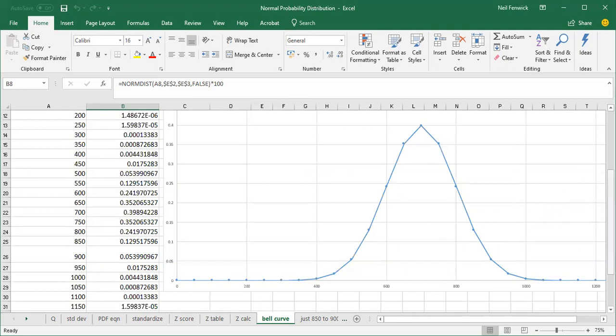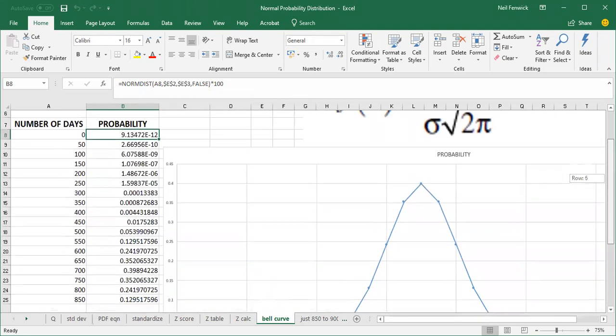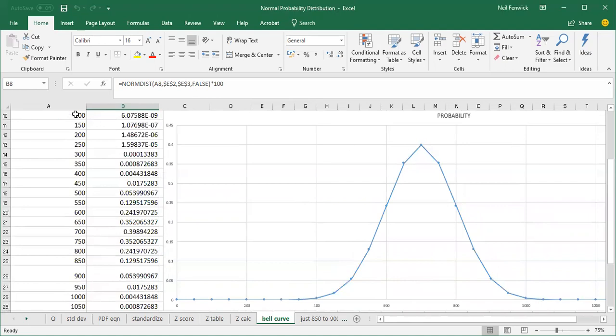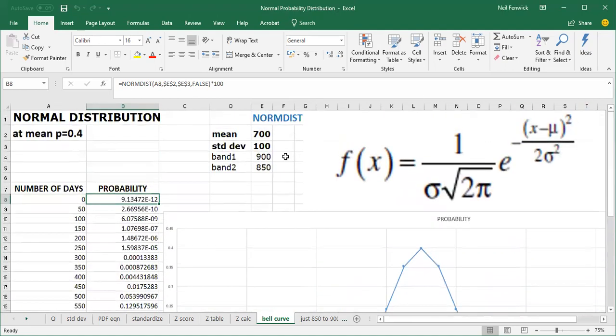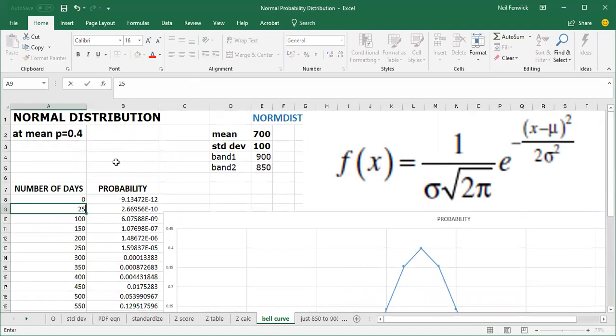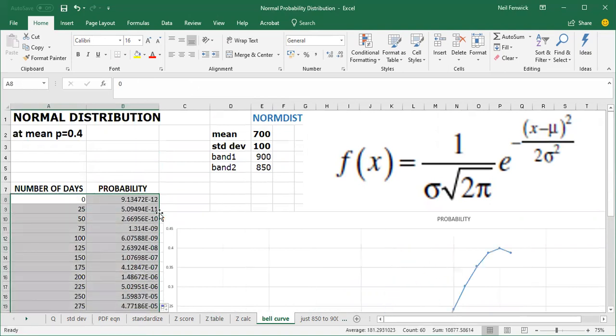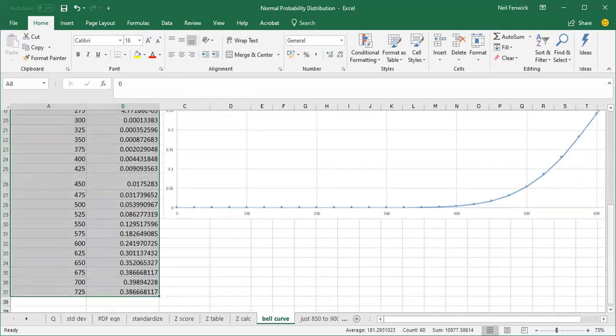If we wanted to have a smoother plot out here, we can just change our resolution here and recompute it, which is the beauty of Excel.